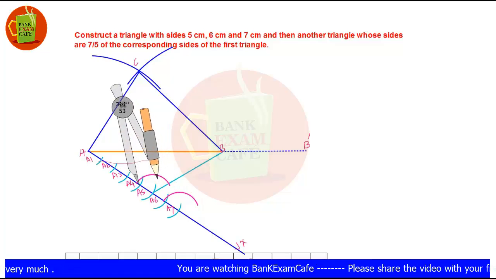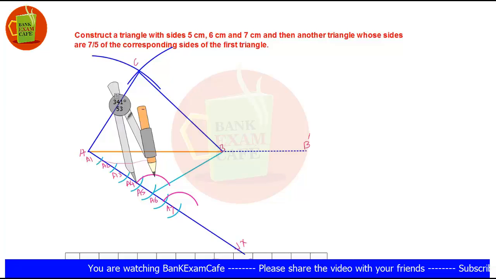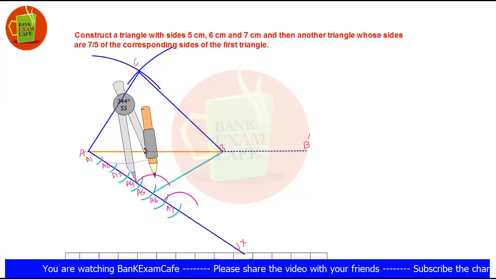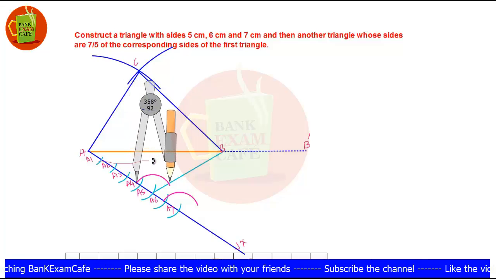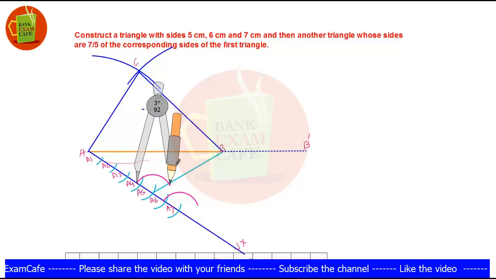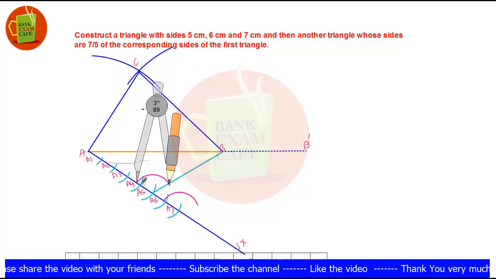Now go to this point as a center and the radius equal to the points of intersection.